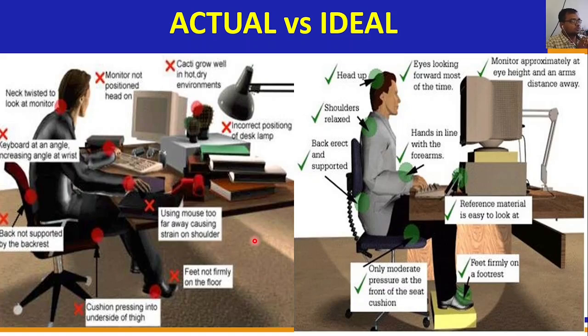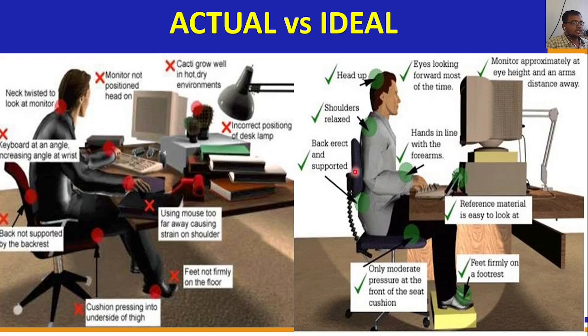This is how ergonomics is designed. You take into account all the body parts predominantly involved in the work, and you see how effectively you can organize them in a way that physical fatigue is not incurred by the worker. In an ideal scenario, you could see the head is straight up, the eyes are looking forward most of the time, the shoulders are pretty relaxed, you don't see them exerting much pressure, the back is very erect, and it also has proper support.